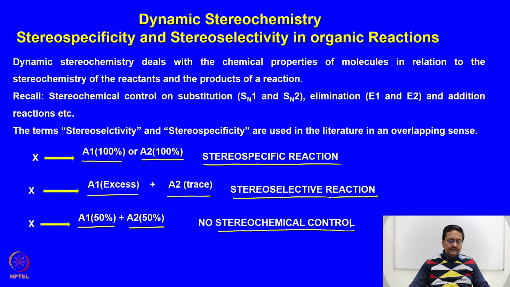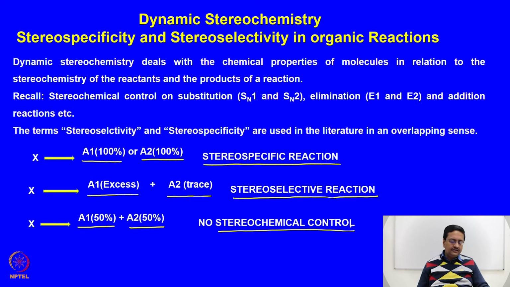What we can see from this is that a stereospecific reaction is essentially stereoselective. A stereospecific reaction yields only one particular stereoisomer between the two, and hence it is also stereoselective.